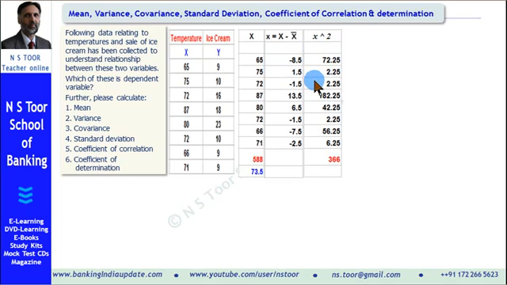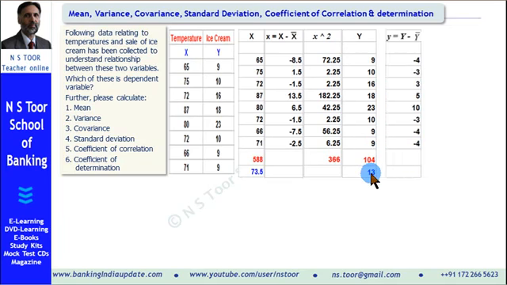The same process will be followed in respect of Y. This is value of Y we have placed from here. Then first we shall calculate the average. 104 is the total. There are 8 items, hence mean will be 13. Then we shall calculate deviation from mean. This deviation is represented by small y in respect of Y variable values.